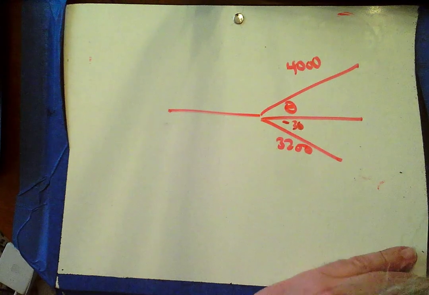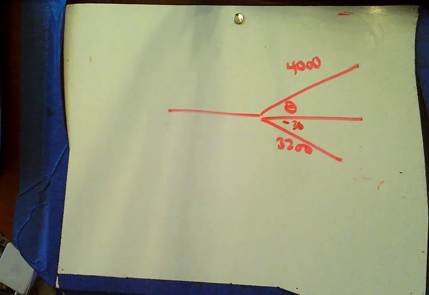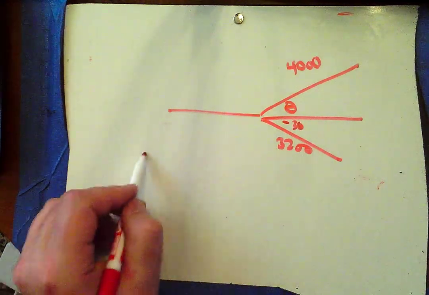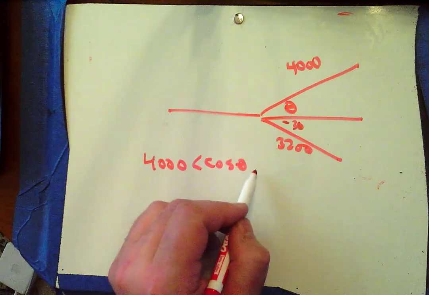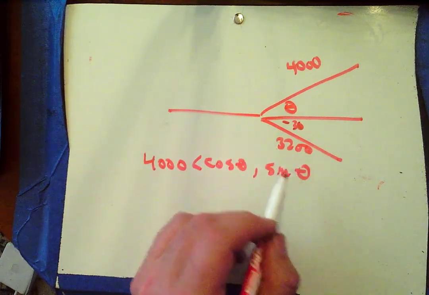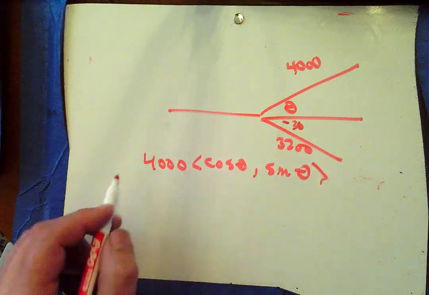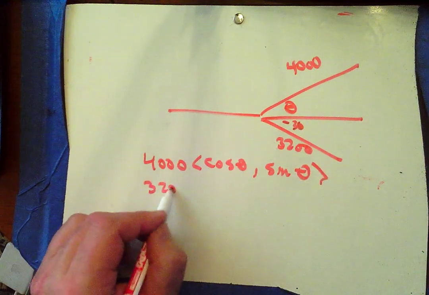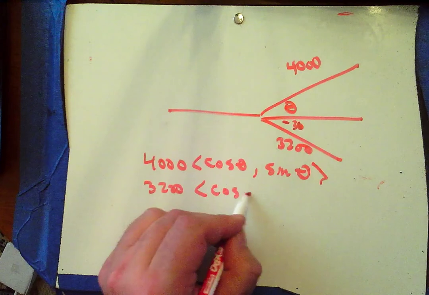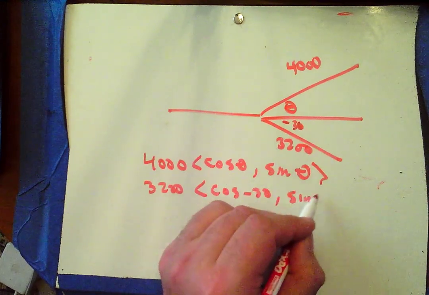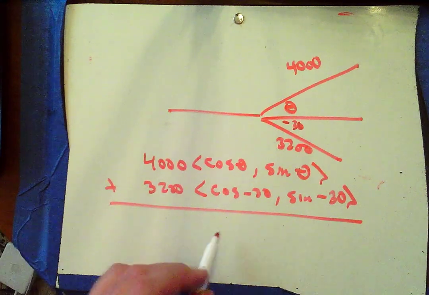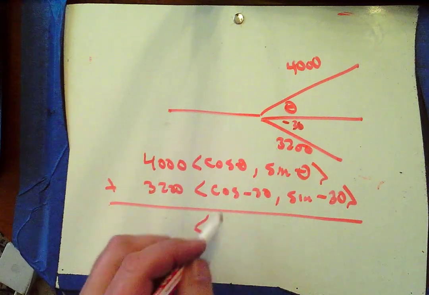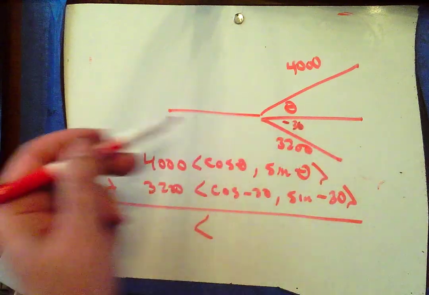Okay, so here's what I know in number 30. I know that 4,000 cosine theta, sine theta plus 3,200 cosine negative 30, sine negative 30. When I add them up, this thing is traveling horizontally.